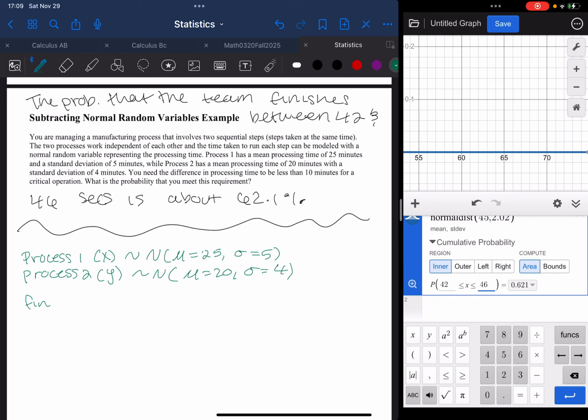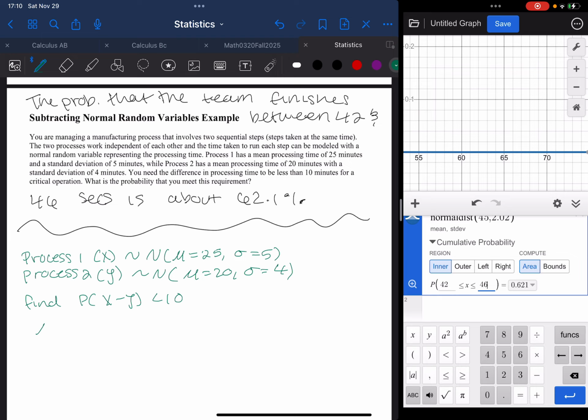We are trying to find the probability that x minus y, because it talks about the difference, is less than 10. Well, in order to find each of these, we have to subtract the 2 means, and then we have to use the formula for standard deviation to find the new one.